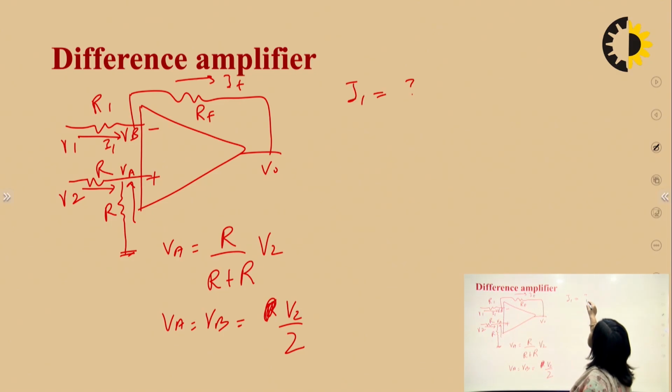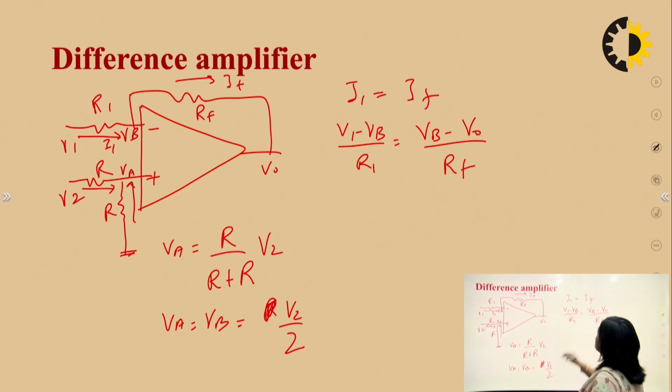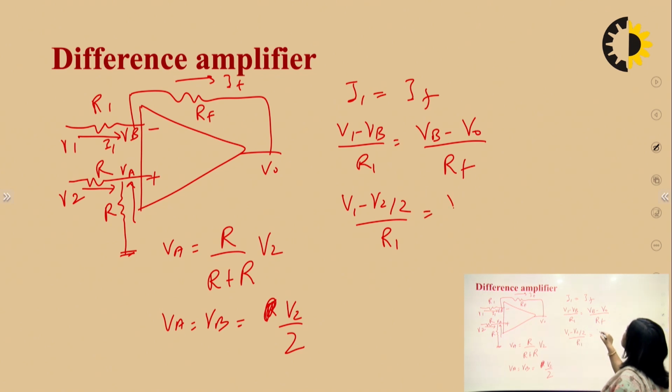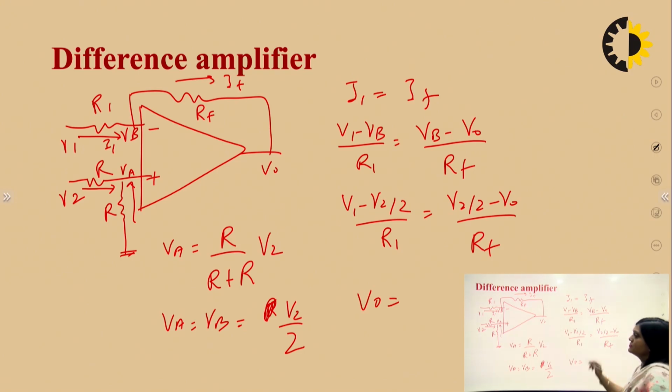I1 would be V1 minus VB upon R1, and IF is VB minus V naught upon RF. So V1 minus V2 by 2 upon R1 is equal to V2 by 2 minus V naught upon RF. Here we can find the value of V naught by cross multiplying this.